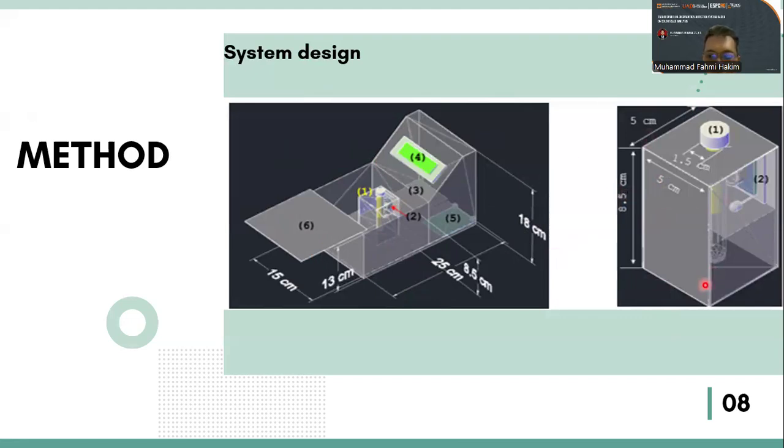The chamber is located here. If we zoom in on this part, the result is like this. This is one of the most important parts of this system.